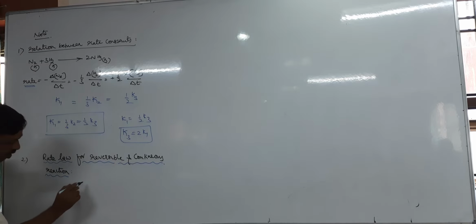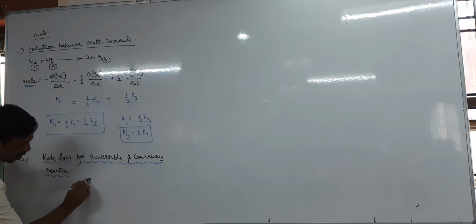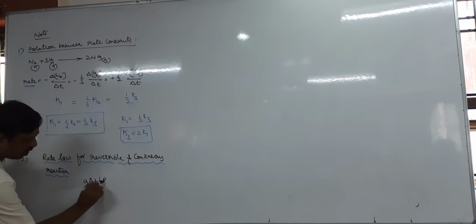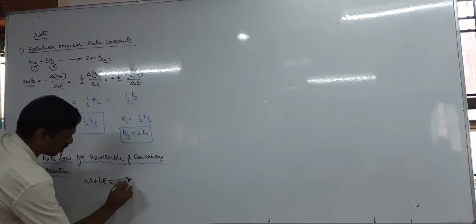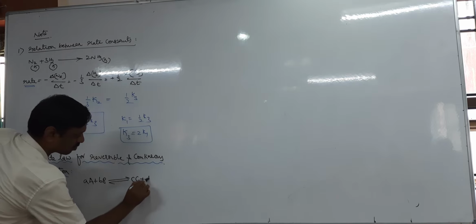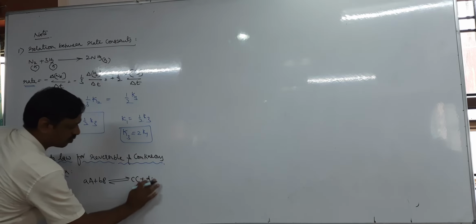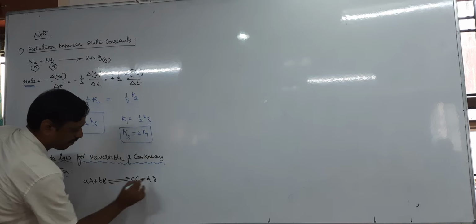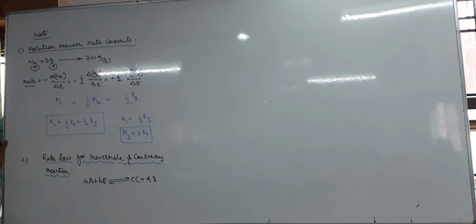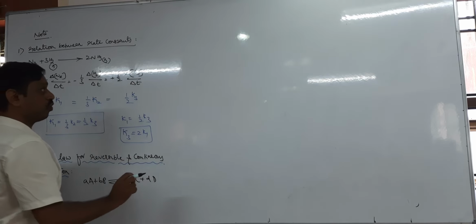For example, let us take aA plus bB which gives rise to cC plus dD. This is a reversible reaction. Now tell me, for the reversible reaction, what is the rate?